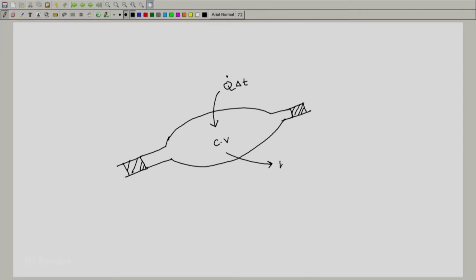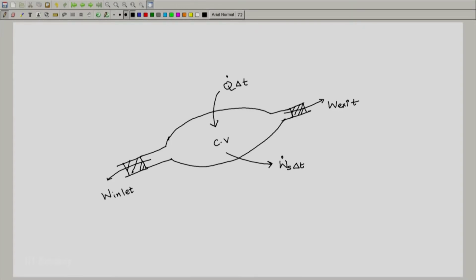Similarly, now we will write an expression for the work terms. By our regular sign convention, I will just draw the work as an arrow pointing outside like this. So what we have drawn here are three different work components.